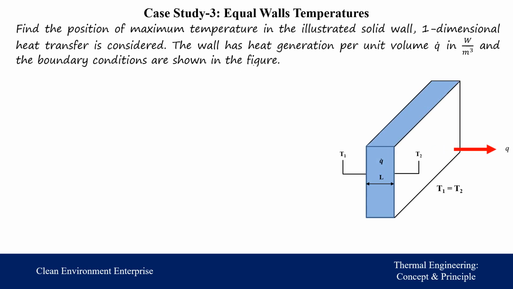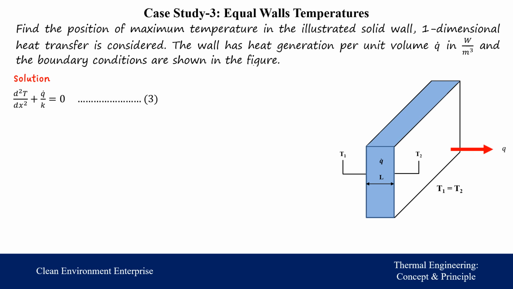Now, let us consider a complete example for the wall where it is exposed to the environment or another thermal fluid, where we can keep the temperature on both sides constant.